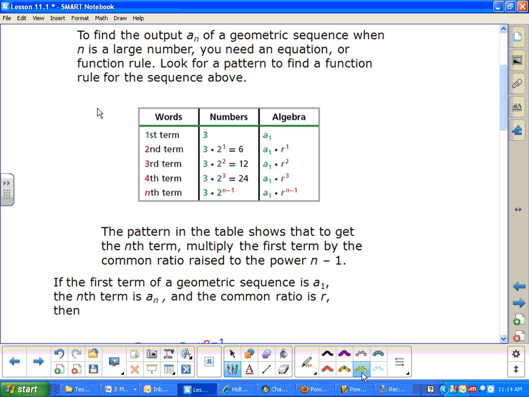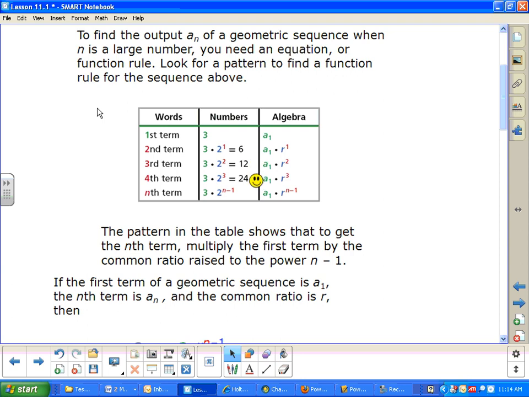We start out with 3. Then we've multiplied by 2 one time, right? Then to get 12, we've doubled that, haven't we? So we've multiplied by 2 twice. So we have 3 times 2 to the second power. And then 3 times 2 to the third power.